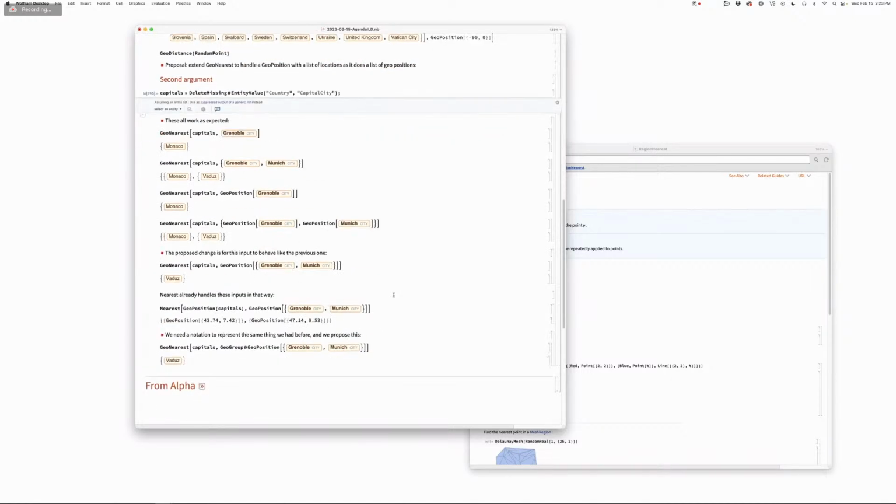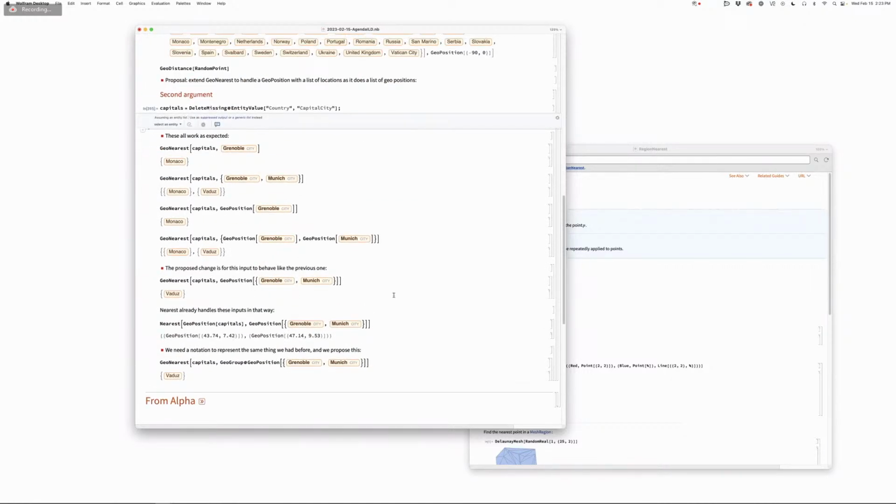Christopher, do you support this change? Yes, definitely. And it's obvious, you claim. I think so, yeah. So if you evaluate all these examples there with Grenoble, etc., I think you'll see that there's a lack of consistency at the end. The one after the proposed change is the one returning only Vaduz.